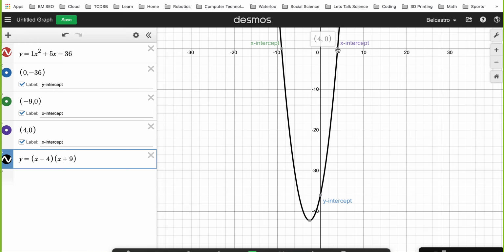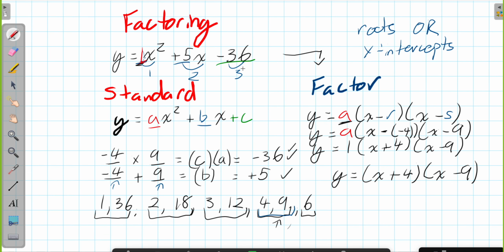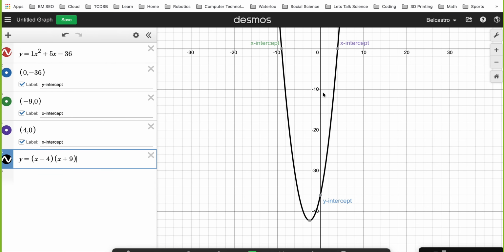Negative 9, that's correct. And 4. Positive 5, negative 36. What did I do wrong with my factoring? When you put in negative 4, it should become positive 4, which means negative 4 is one of the x-intercepts.